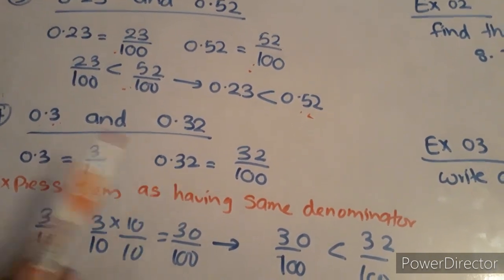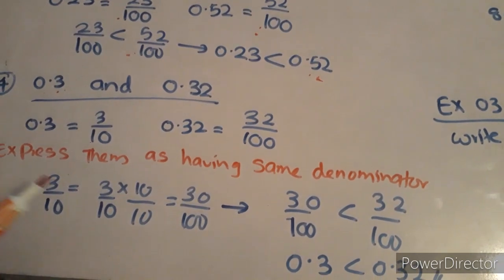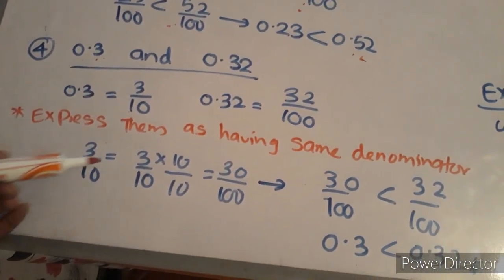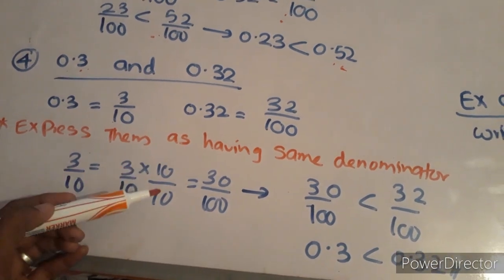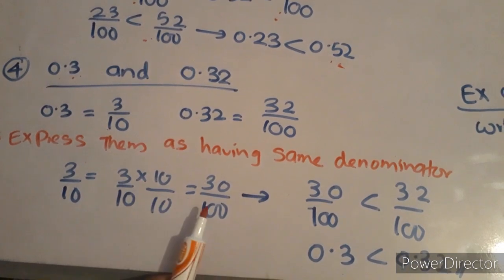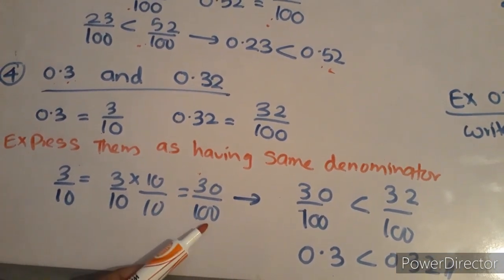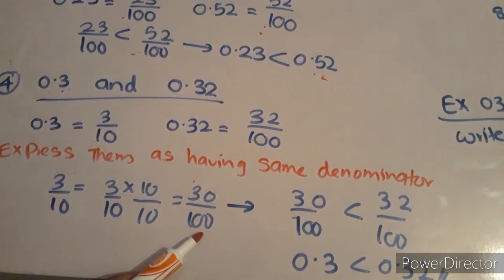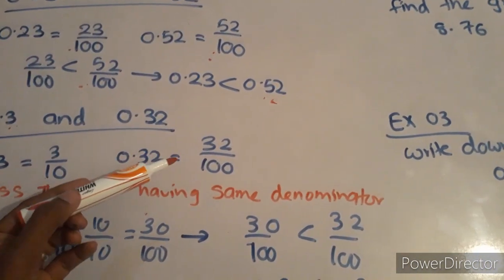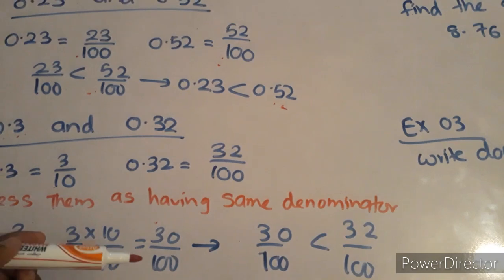Here I convert it into 100. So what do we have to do? 3 upon 10, we can multiply both the denominator and the numerator by 10. Then it becomes 30 upon 100. Now we can compare those fractions because both have the same denominator.